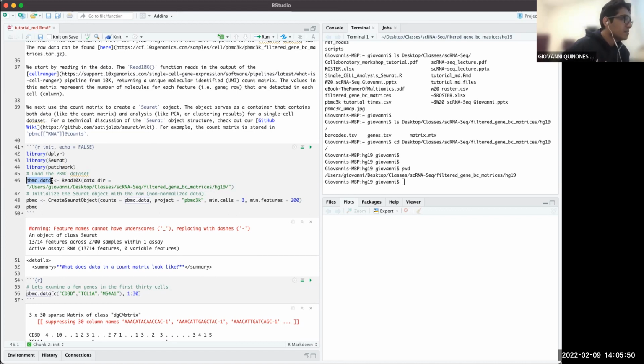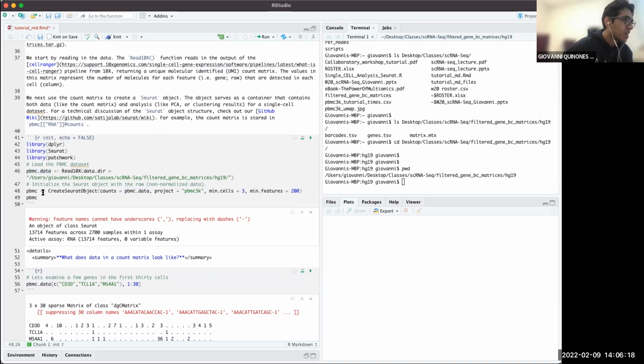And if you're familiar with any R package, usually what is standard is to read some raw files and convert it into an object that the program is familiar with. And then with that object, you can perform all of the functions or processing steps that you want to carry out.